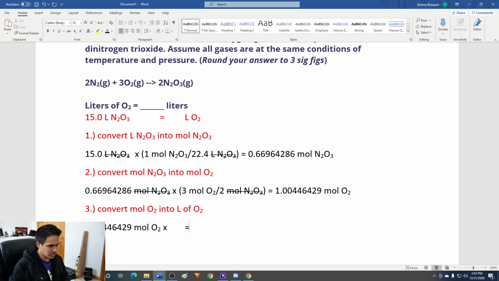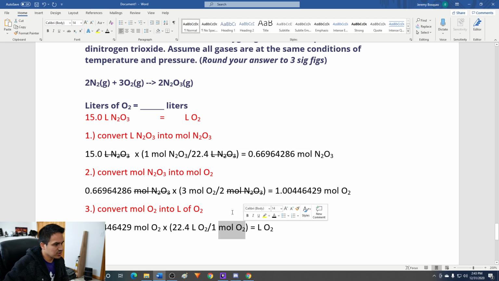And then lastly, we are going to convert that back into liters. To do that, we need to use our molar volume conversion again, like we did in step 1. But now, since we're starting with moles of O2, the 22.4 liters of O2 will be on the top, and the 1 mole of O2 will be on the bottom. That way, our moles of O2 will cancel out.